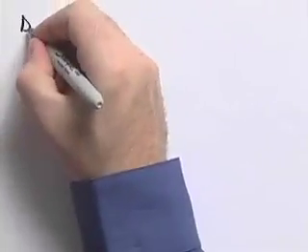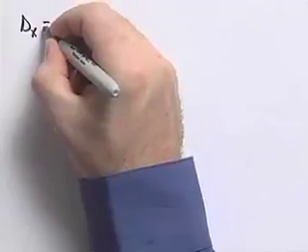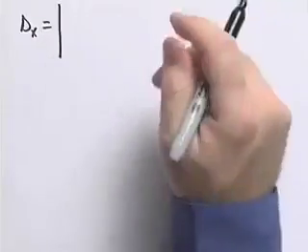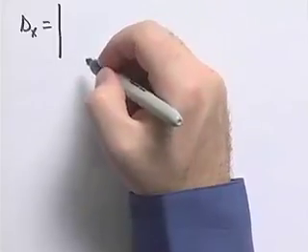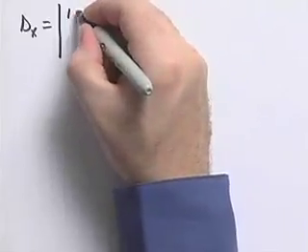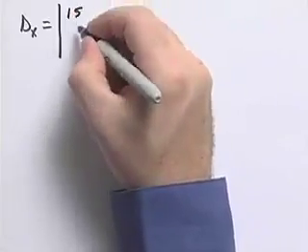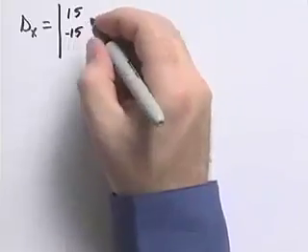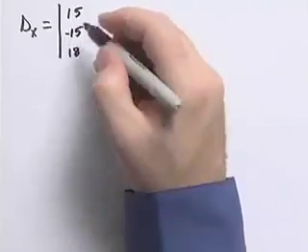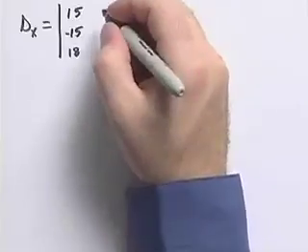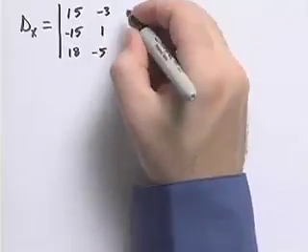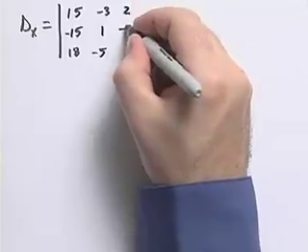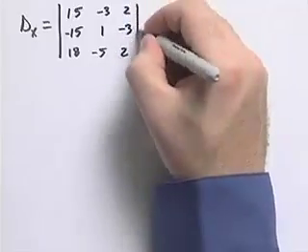For Dx, to get this determinant, we're going to replace the coefficients on x by the right-hand side, or those constant coefficients. So we'll have 15, negative 15, and 18. Then we keep the other remaining coefficients, so negative 3, 1, negative 5, and 2, negative 3, 2.